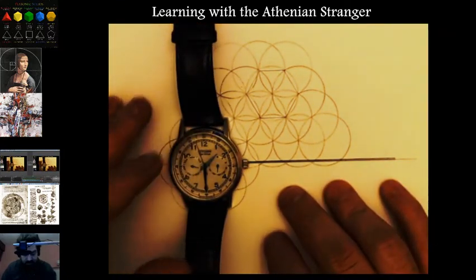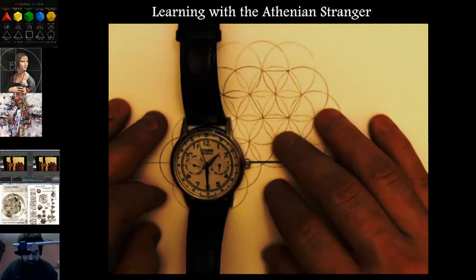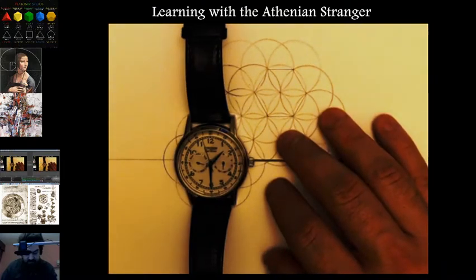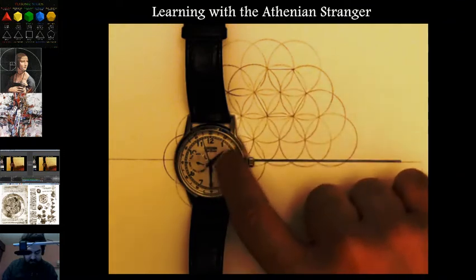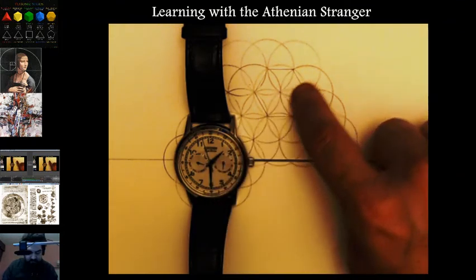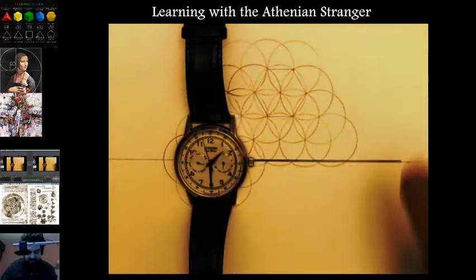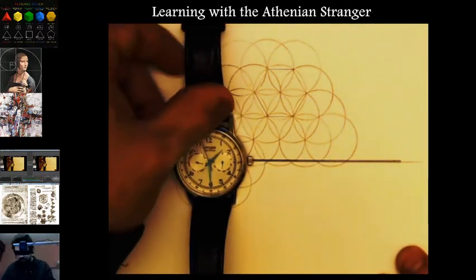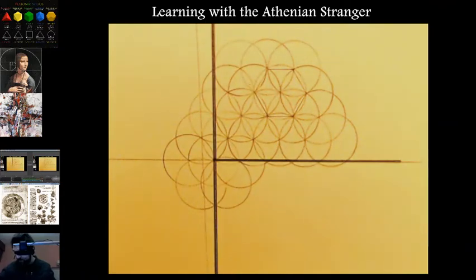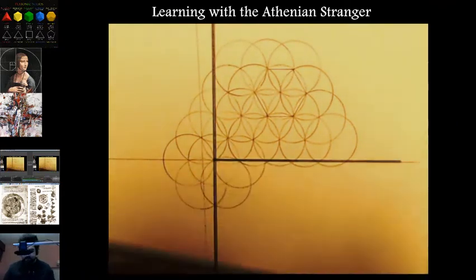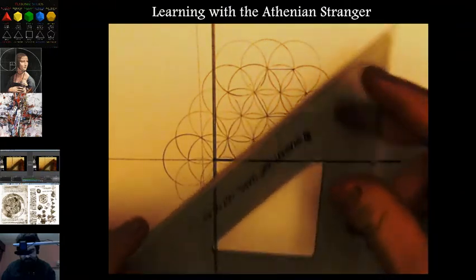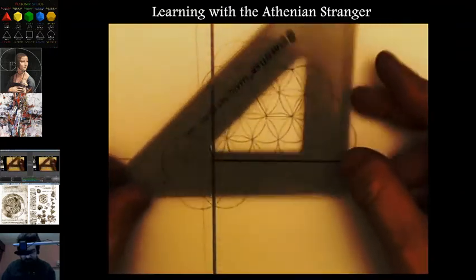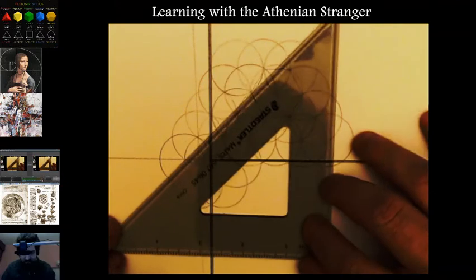Let's go back to the watch. 1:30. I'm seeing something here that looks right. Let's see if that gives us what we want. Now here's a cheater trick. This is a square.